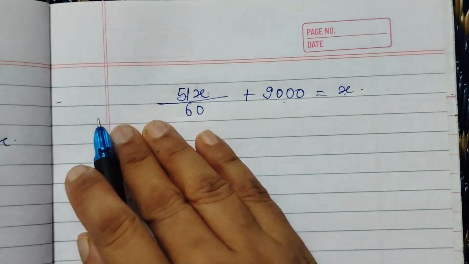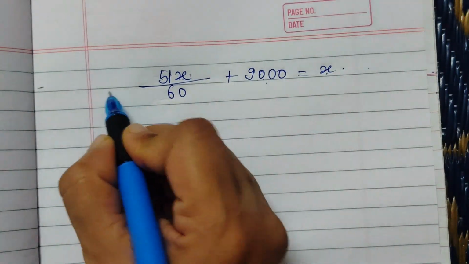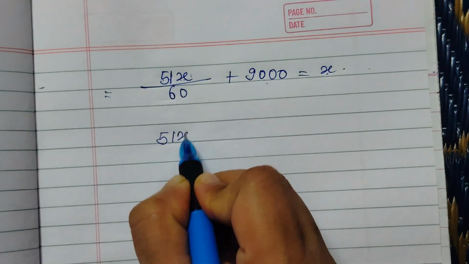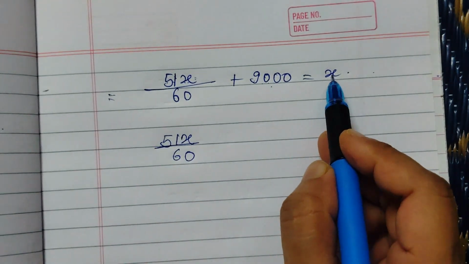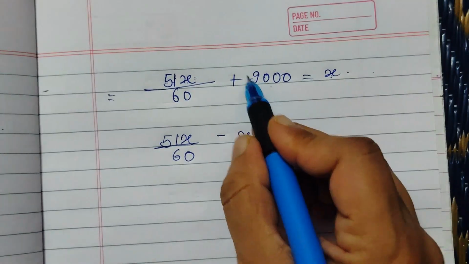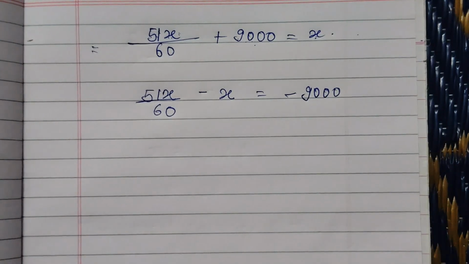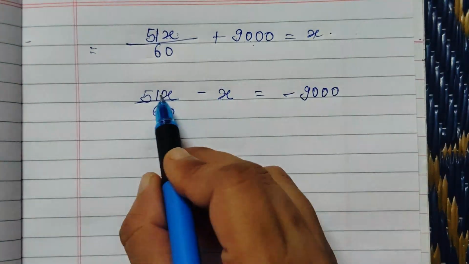So like terms we will bring together and 9000 we will shift there. So 51x upon 60 as it is. This x will come here, it will become minus x is equal to 9000 goes there, it will become minus 9000. Now we have same x, like terms.